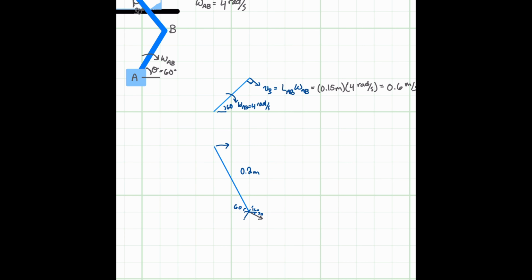Now, we've labeled our knowns, and we're going to find that ICR, drawing our perpendicular lines, which will be used to find RC and RB, this time using the law of sines.